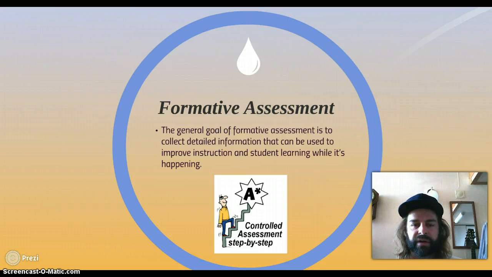It's a little bit different than summative assessment, where it's more of a test form where there's grades given. This is basically providing feedback and helping with the actual learning while the class is proceeding. So we're going to get going.